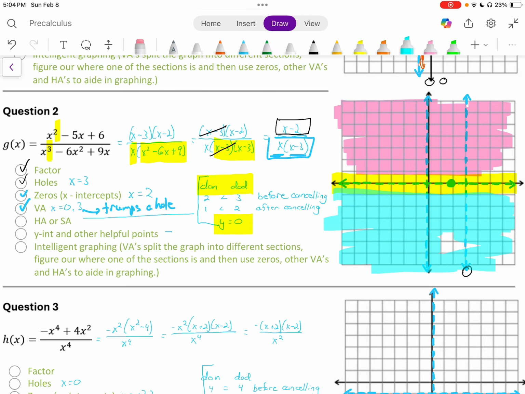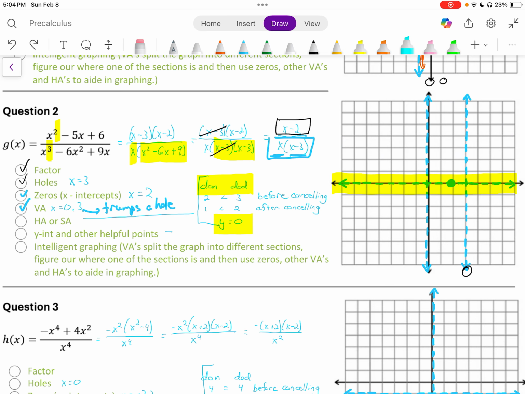And so there's a few things we can do. We could pick an x value in this section, not 2, and see where that is, and that would tell us if our graph is above the x-axis or below the x-axis. So that's one way.